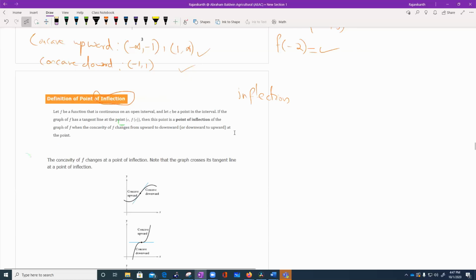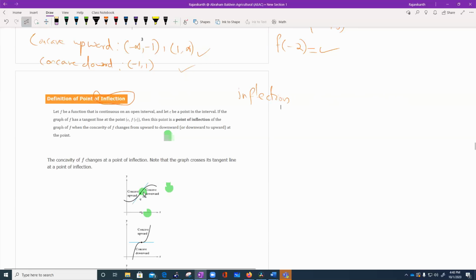So if c is any point of the given open interval, then that point (c, f(c)) is a point of inflection, right? How? You know now, f changes from upward to downward, or vice versa, downward to upward. So if you could see the trend of concavity at that point changing, that point is going to be a point of inflection.